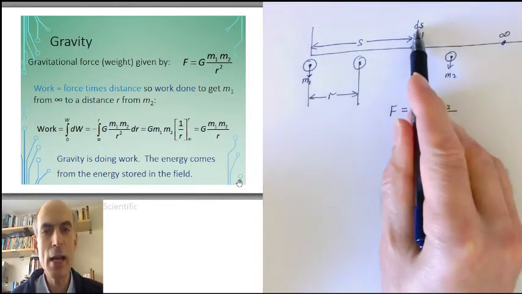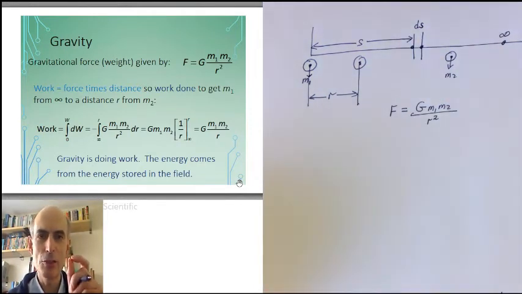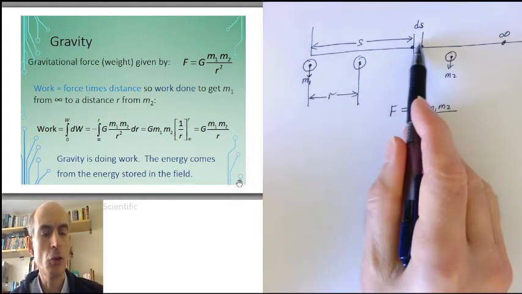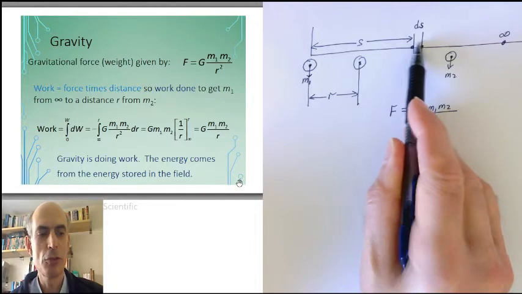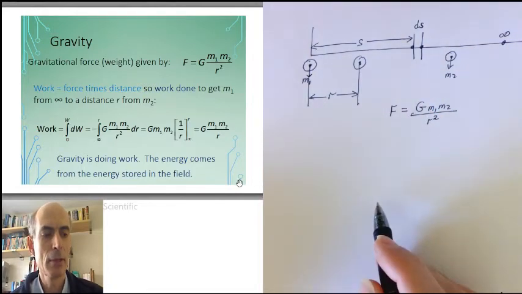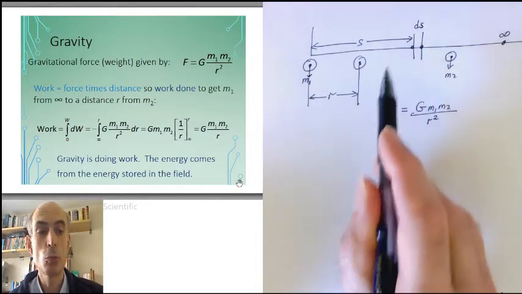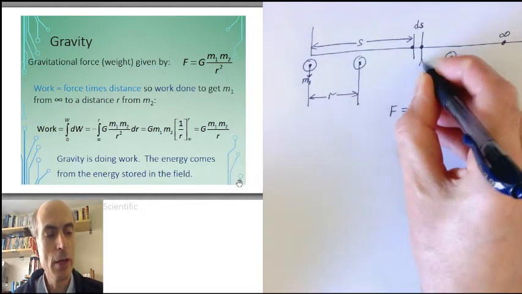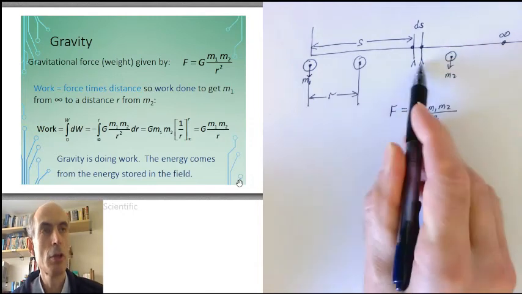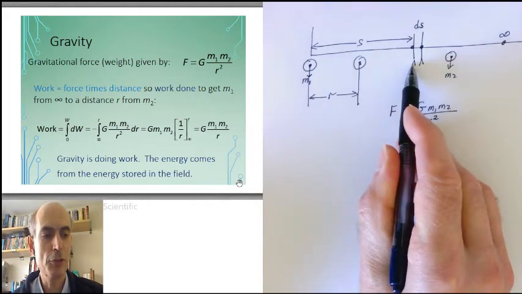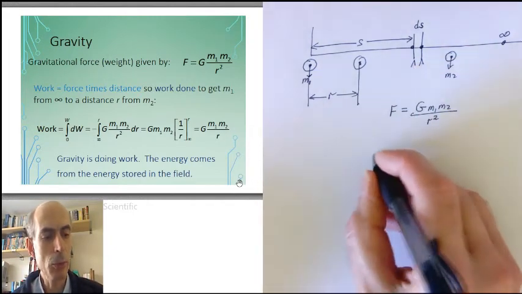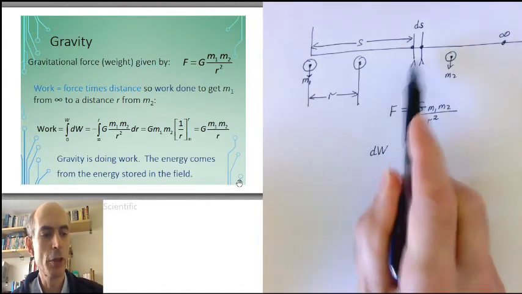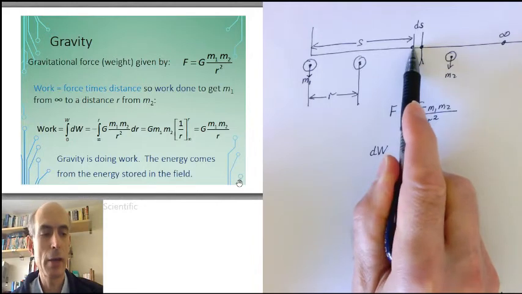And if ds is an infinitesimally small distance, then I can assume that the force will be constant over that small distance ds. So I could determine how much work is done in order to get the mass from this point here to this point here, just moving a distance ds. That I will call dW, the small amount of work done to get it from there to there.